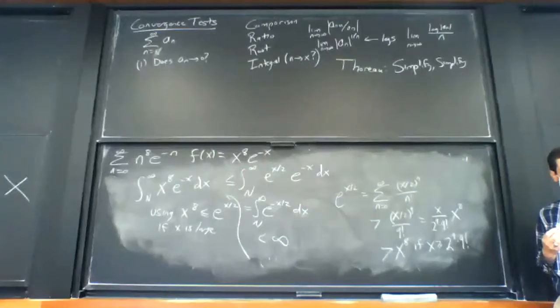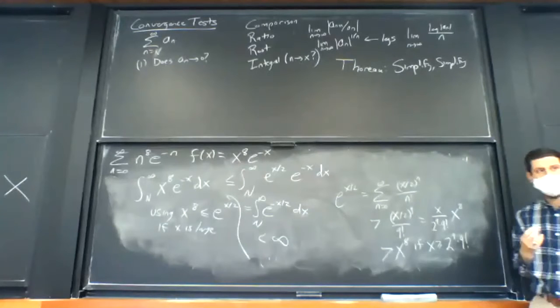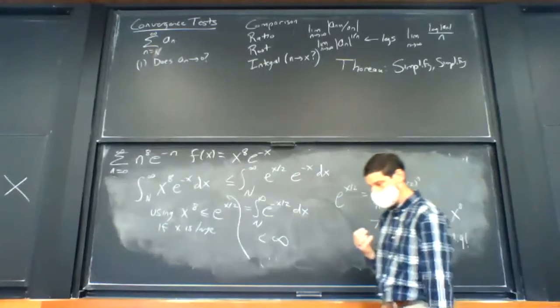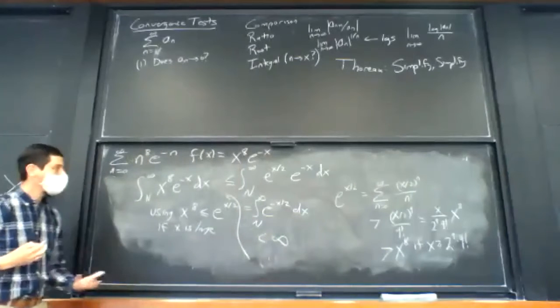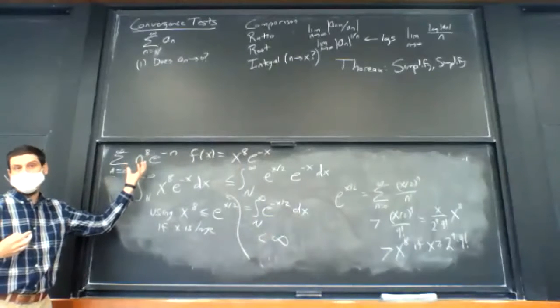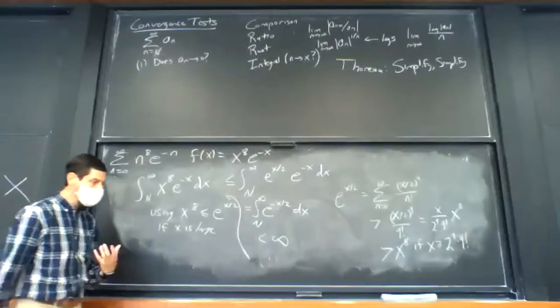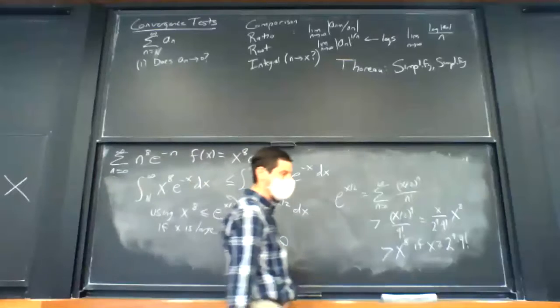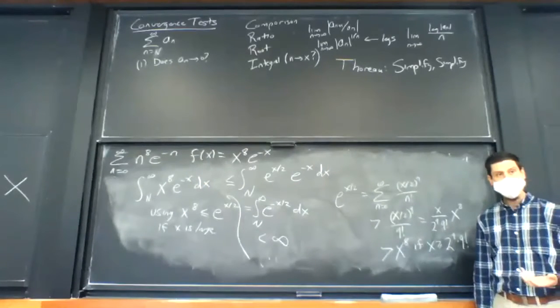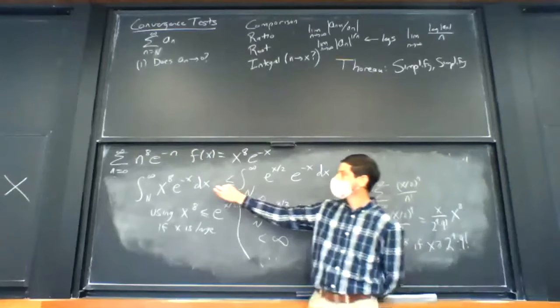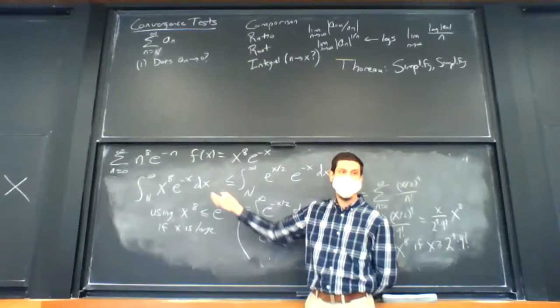Yes? Would we ask to find what a sum converges to? So I might ask you to find what the sum converges to. I might ask you to approximate the sum. It's very hard to calculate the sum exactly, but I might say approximate the sum. And if I wanted to approximate the sum, then I would have to evaluate the integral.